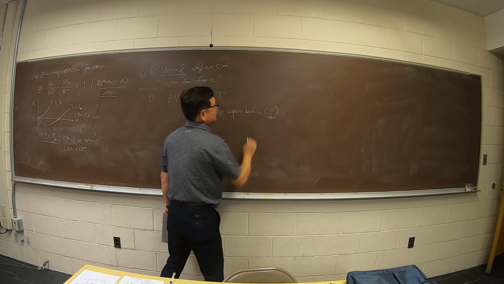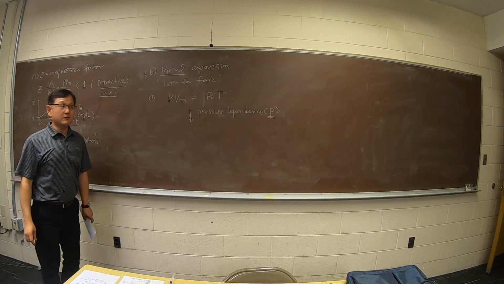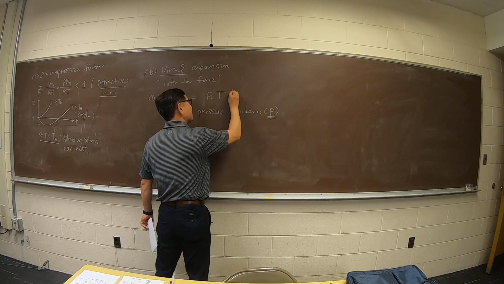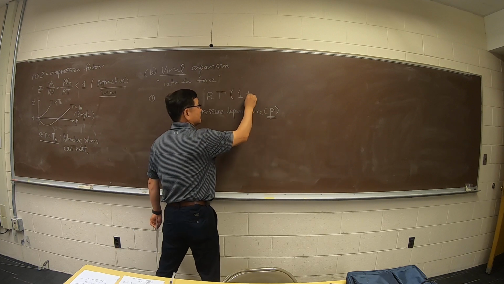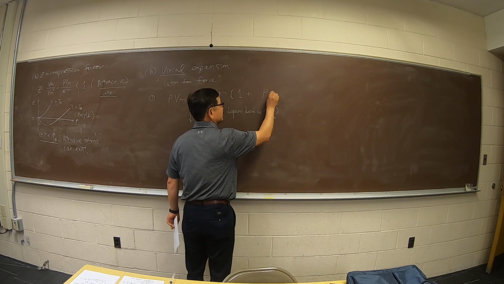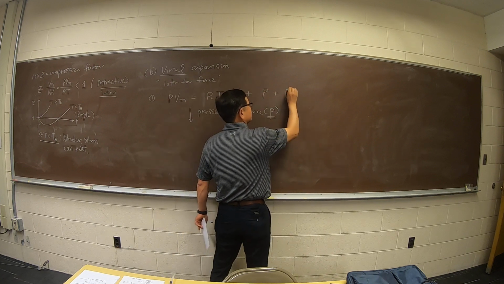I'm going to insert the pressure dependence. So I'm going to say this is a 1, right? And I'm going to put an extra term that is a constant times pressure, then pressure squared.